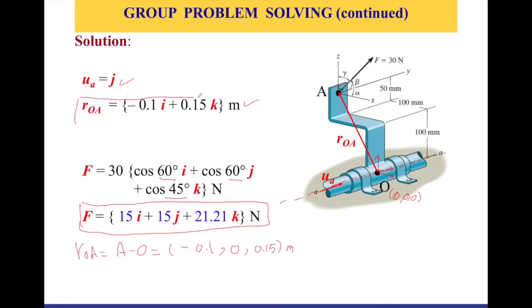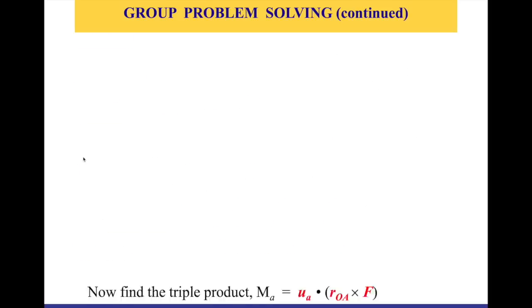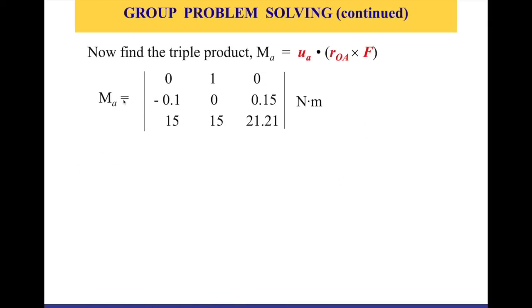I have the position vector in Cartesian form, and I also have the unit vector of the line about which they want to find the moment in Cartesian form. So all we need now is to fill these three values into my cross product to find the determinant. The first row is going to be your U, the second row is R, and the last row is your force.